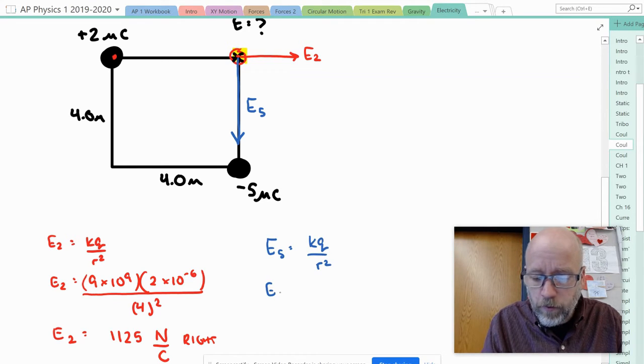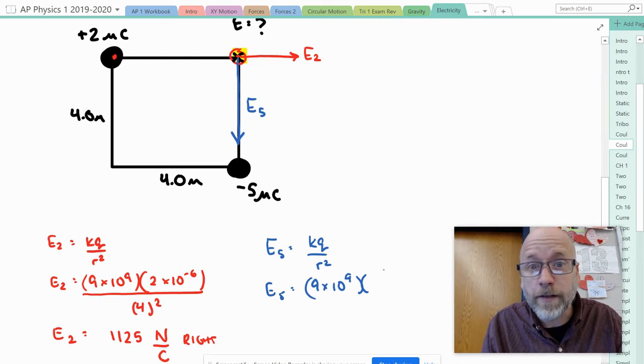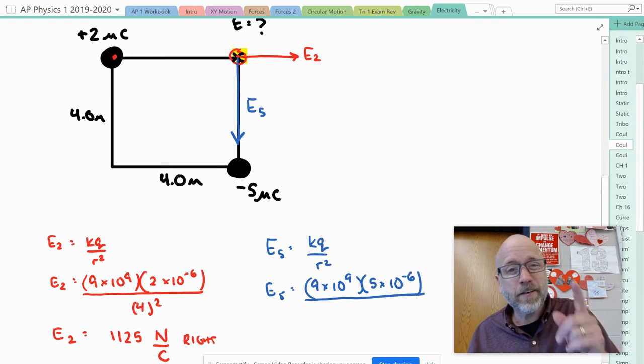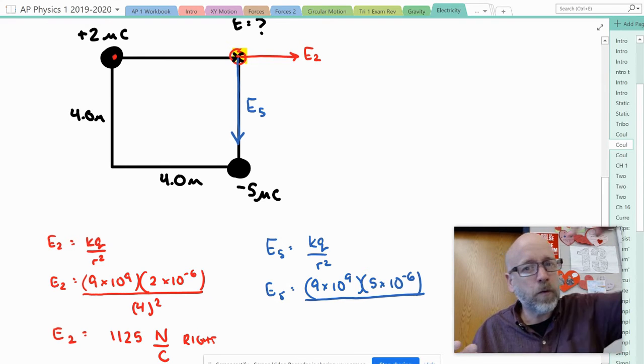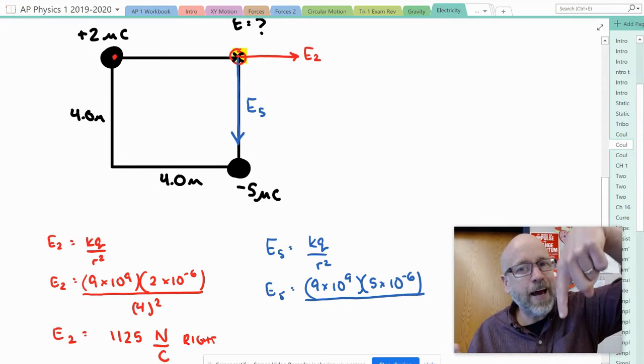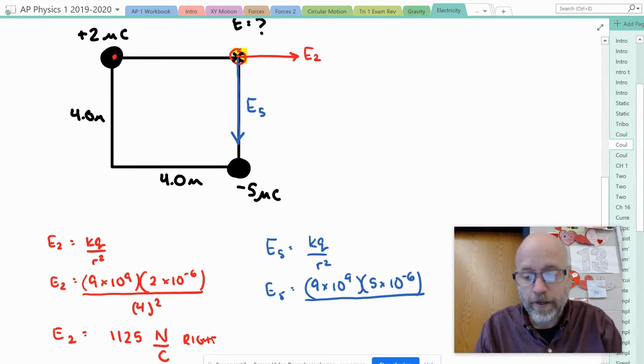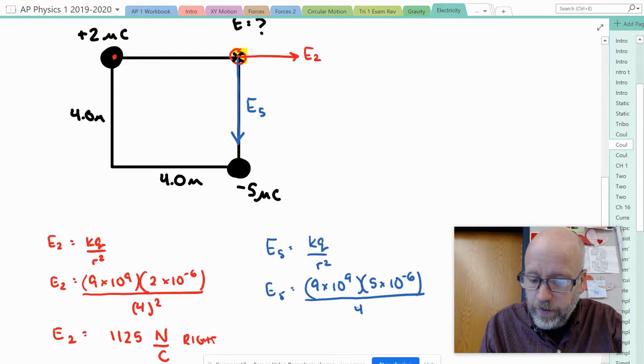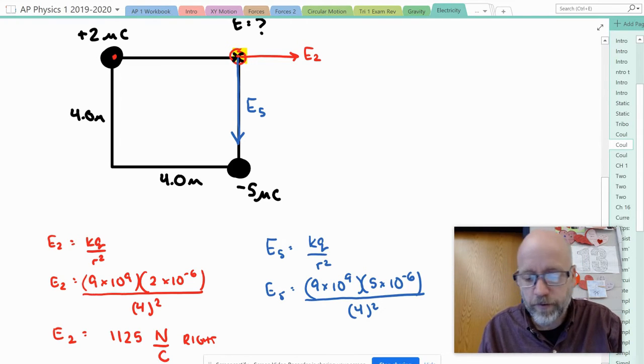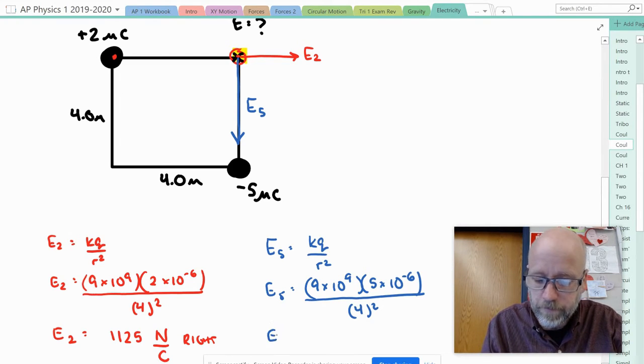Now notice, when I plug in my numbers, I'm not going to plug in the sign on the charge. It's going to be 9 times 10 to the 9th, and then just 5 times 10 to the minus 6. The negative sign we take into account when we're showing that it's pointing down. We're going to look at it as a vector. And I take that divided by the same distance, 4 squared.